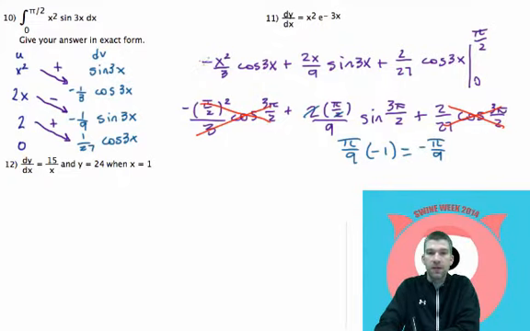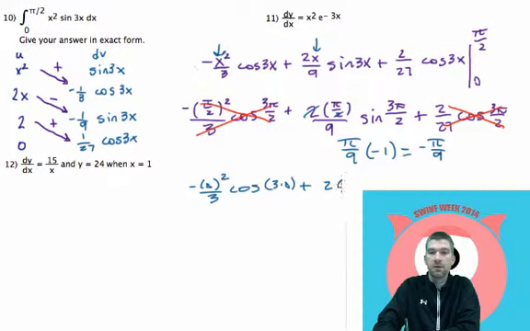When I put zeros in everywhere, now just look at this real quick. When I put zeros in everywhere, I get 0 here, I get 0 here, and I get nothing in this last spot. So what I'm going to end up with is negative 0 squared over 3 cosine of 3 times 0, plus 2 times 0 over 9 times the sine of 3 times 0, plus 2 over 27 times the cosine of 3 times 0.